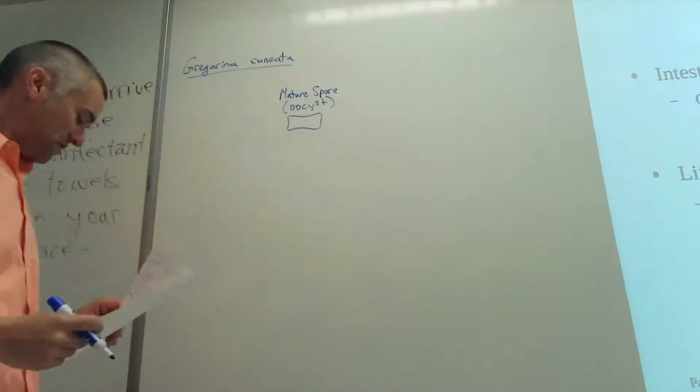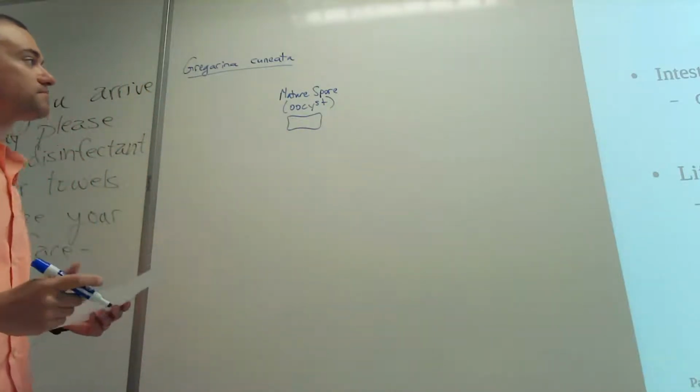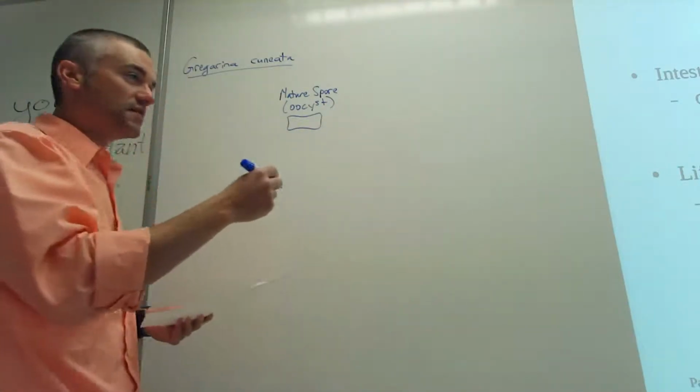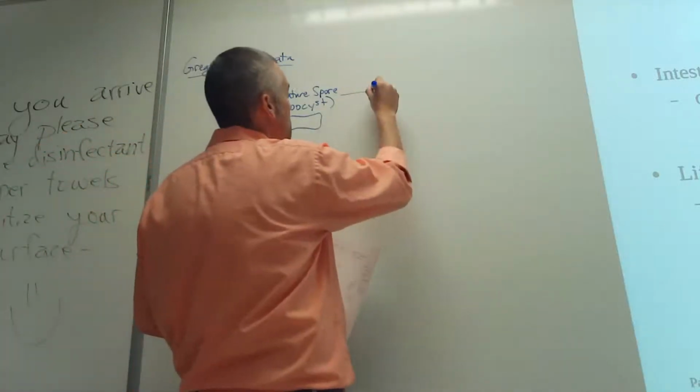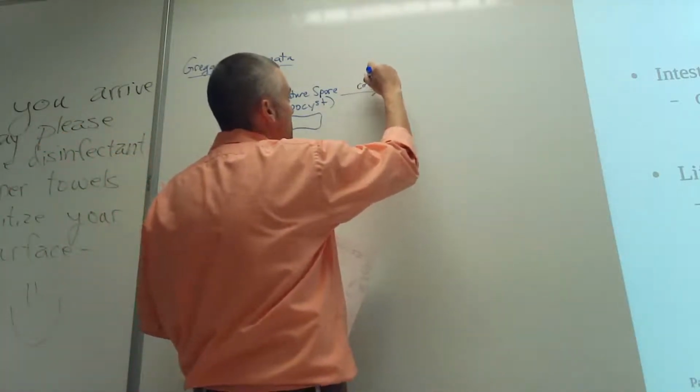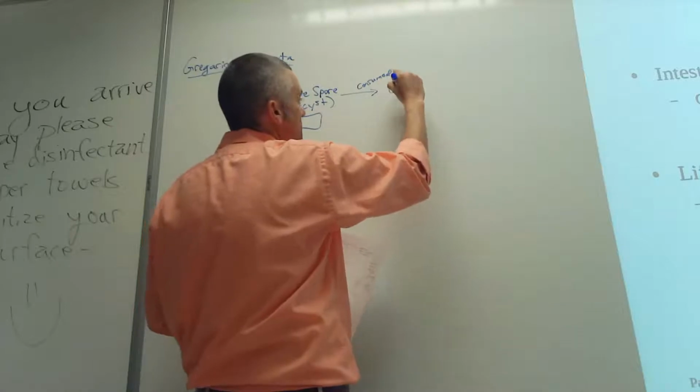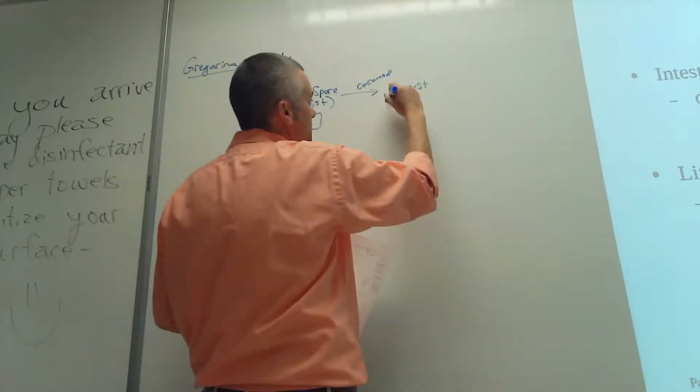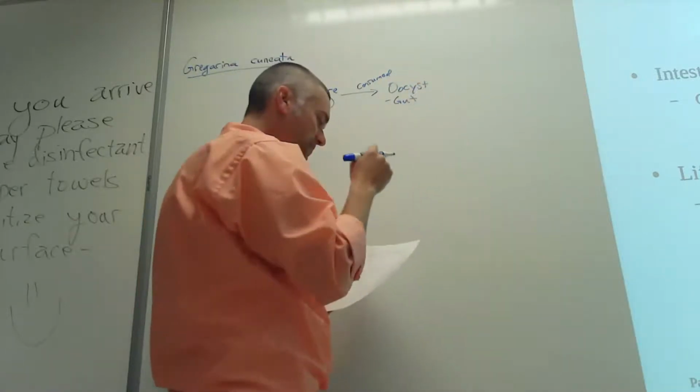Kind of what our oocyst would look like. So the mature spore is out in the environment. It gets consumed by our host. So we have our oocyst in the gut right now.